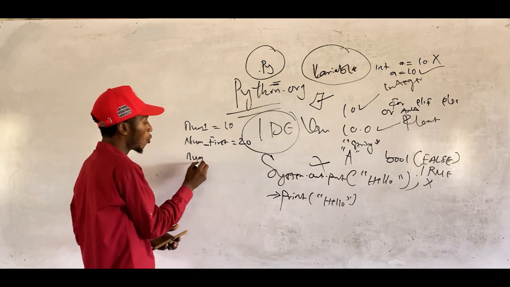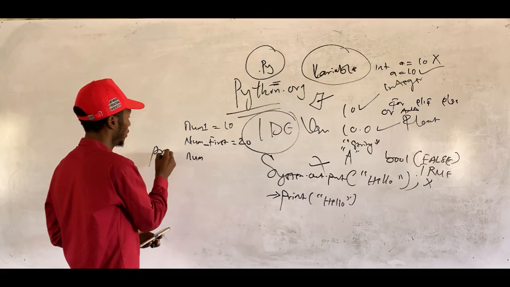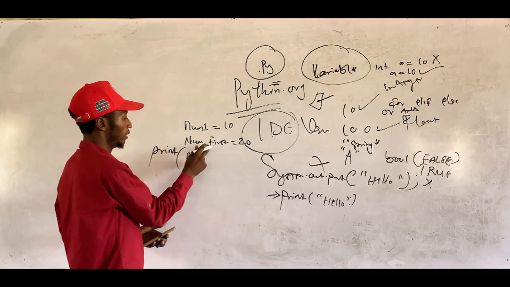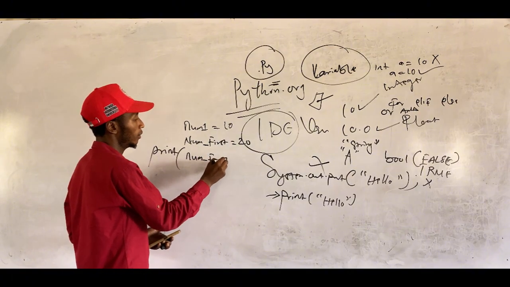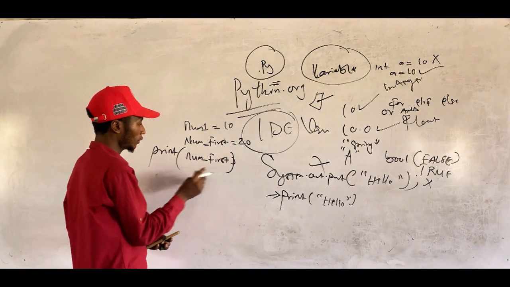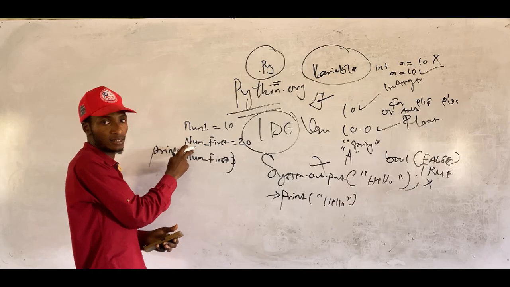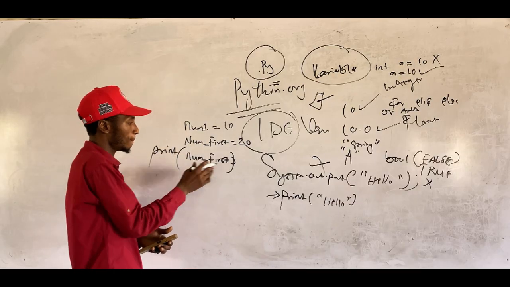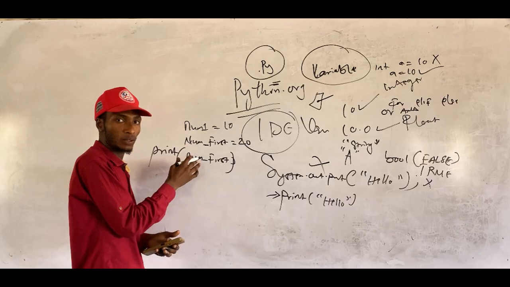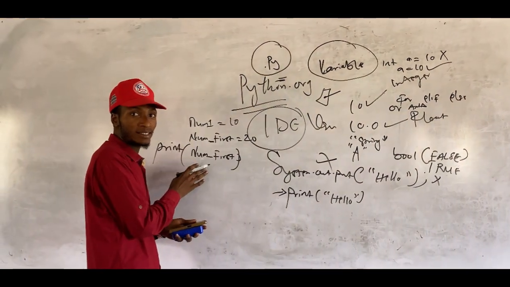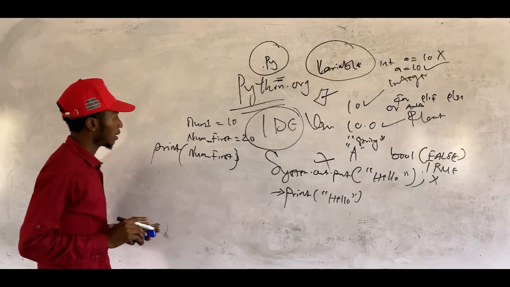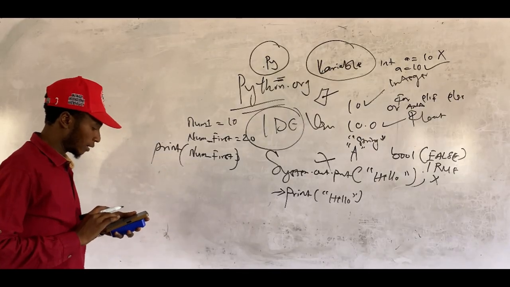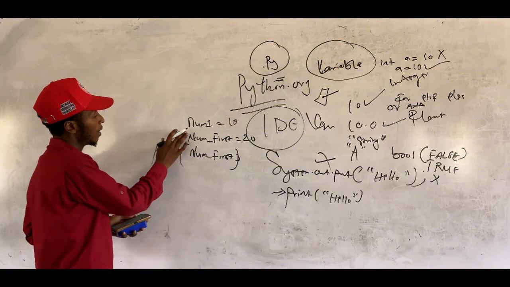Then if I want to print this, I should make sure I maintain the same format as my variable declaration. Make sure you maintain the same format. The next thing is that you can also have an underscore.